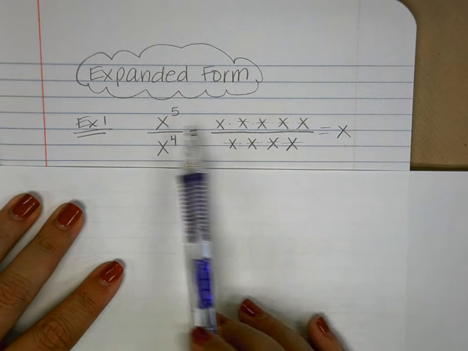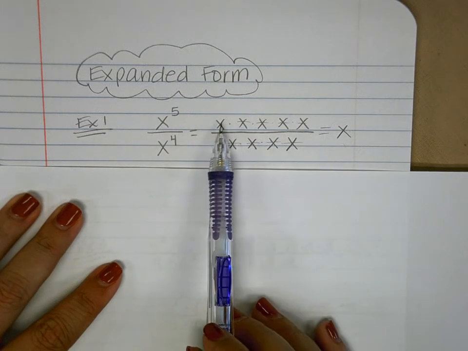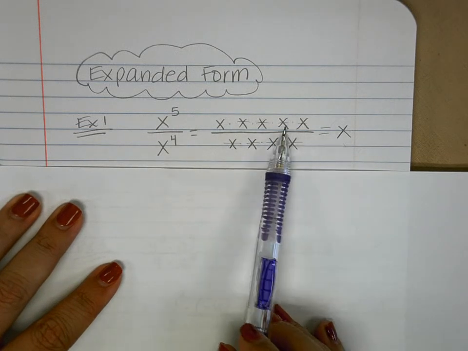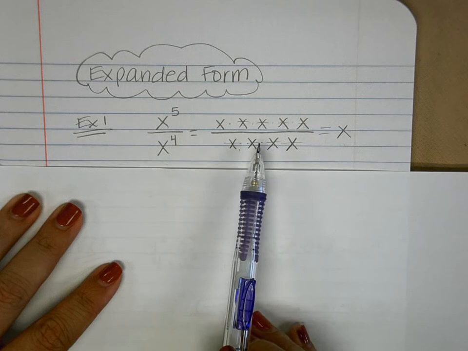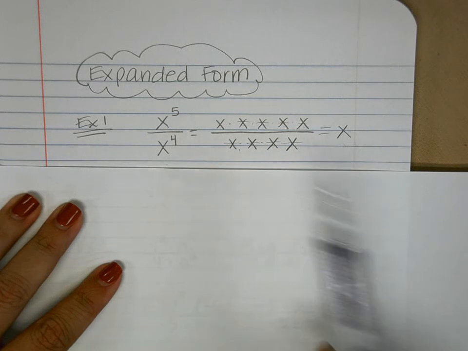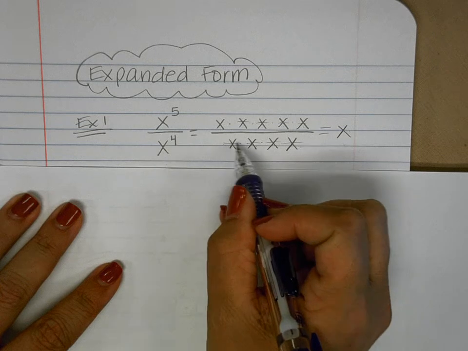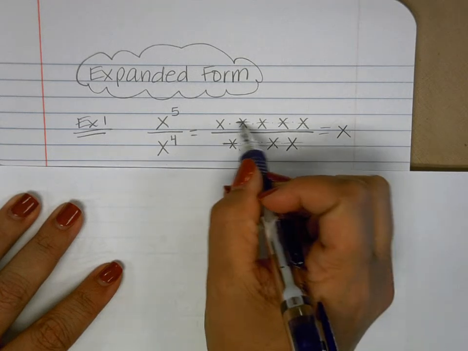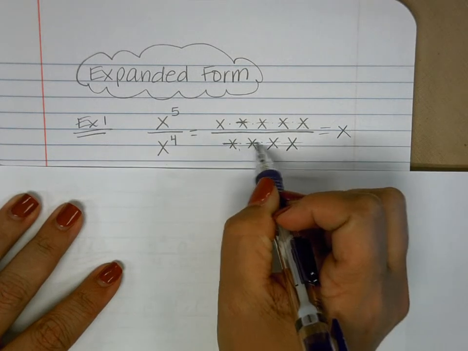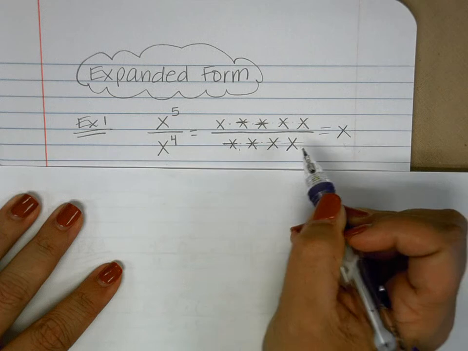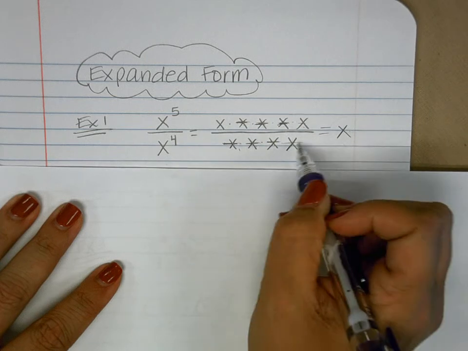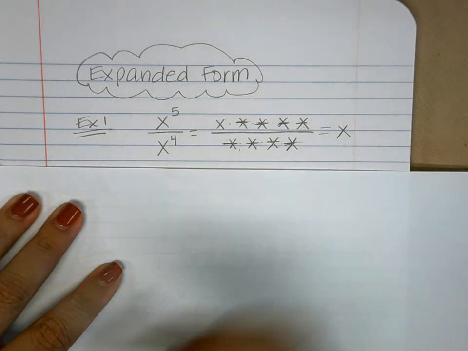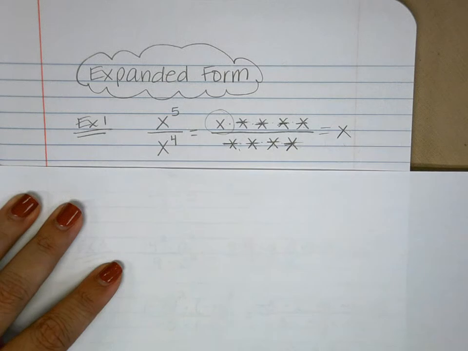If I were to expand this out, I would write 5 x's on the top, 4 x's on the bottom, and then it's like a 1-to-1 cancellation. So I have 1 on the bottom, you always start with the bottom, and 1 on the top. I have another 1 on the bottom, cross out the 1 on the top. This one, that one, that one, that one. I'm left with 1. There's my answer.